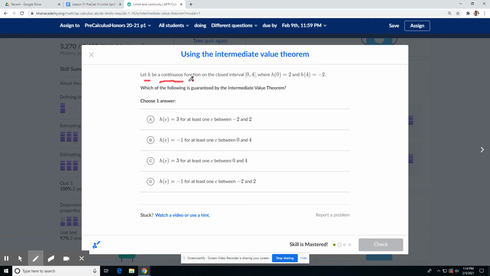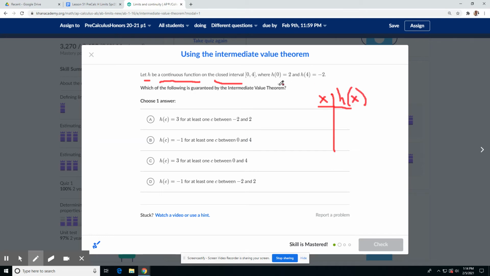h is a continuous function on the closed interval 0 to 4, where h of 0 is equal to 2 and h of 4 is equal to -2. Well, sometimes it might be easier to look at it in the form of a table. It doesn't say these are x's, so I'll just call it x, and then this is our h of x.